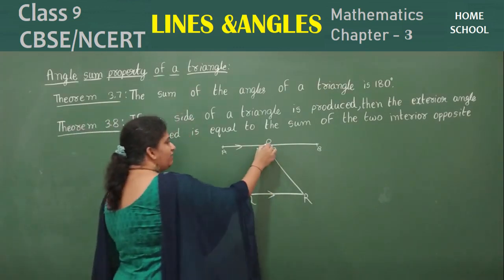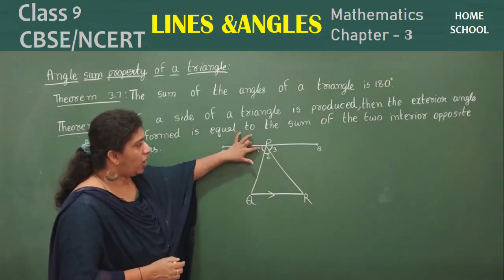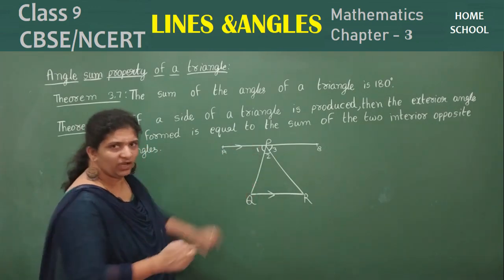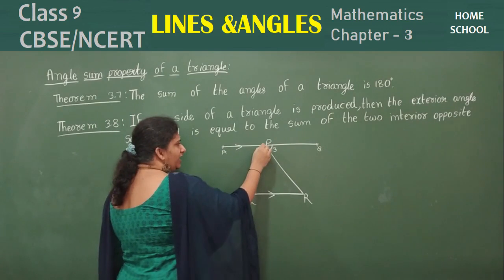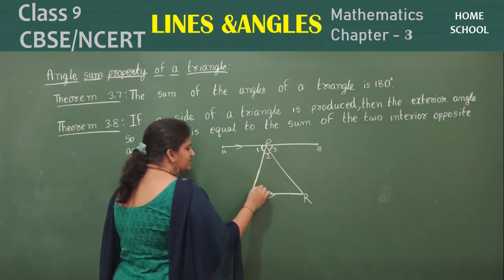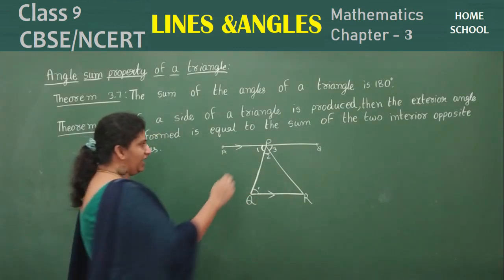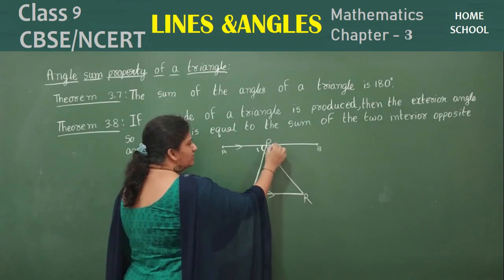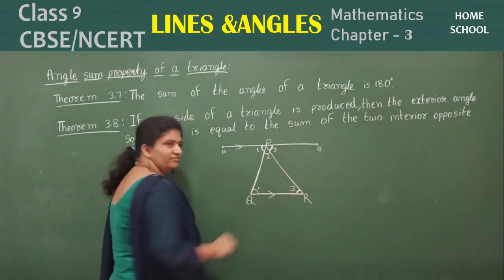Now with these two lines parallel, what do you remember? Alternate angles are equal. See this line? The alternate angle, angle 1 from this parallel line, I'll say this is angle 1. Angle 1 equal to angle 1. Again, see this line here? This angle is alternate to this angle.